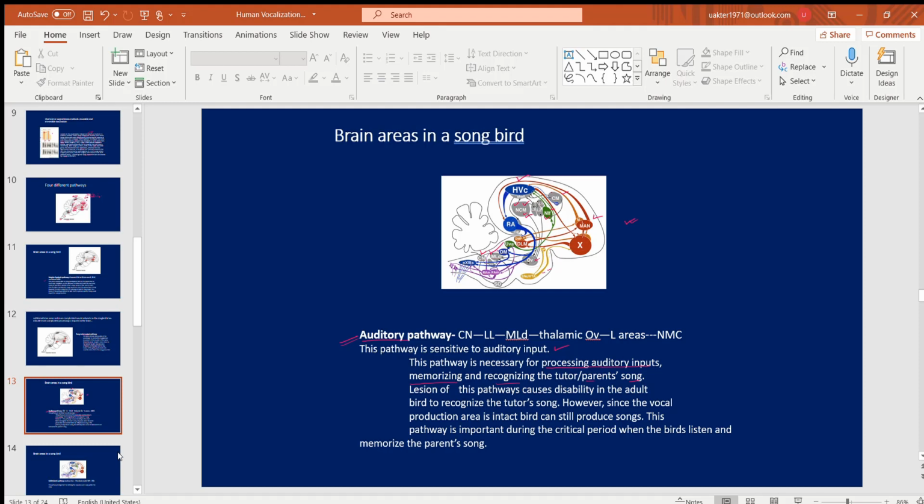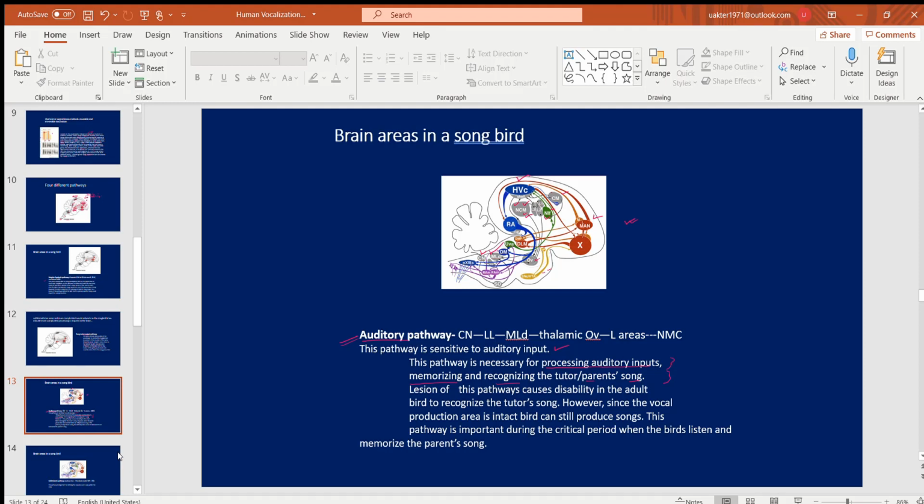So if you make a lesion in this pathway, then the memorization, right, learning will be affected, recognition will be affected. However, once the birds already cross the crystallized period, then if you cause a lesion, that will not impact.